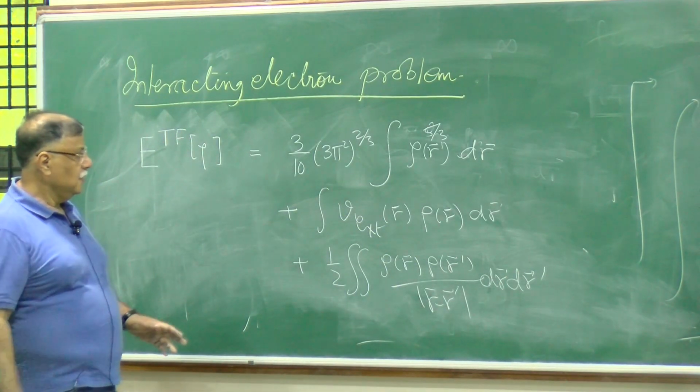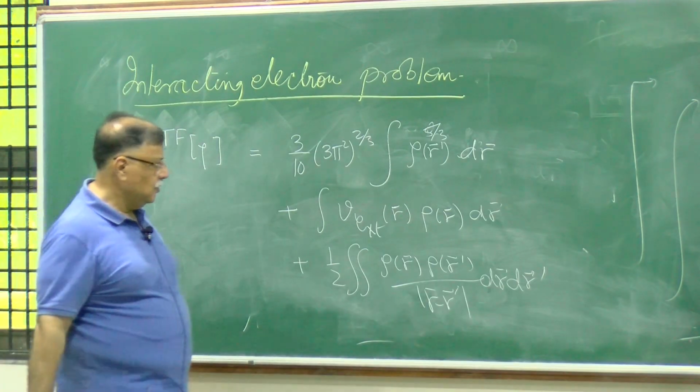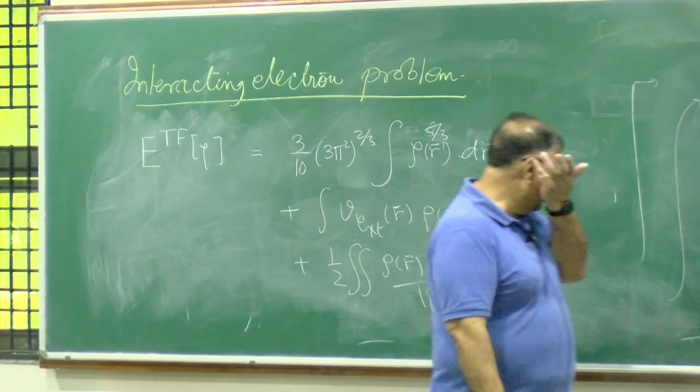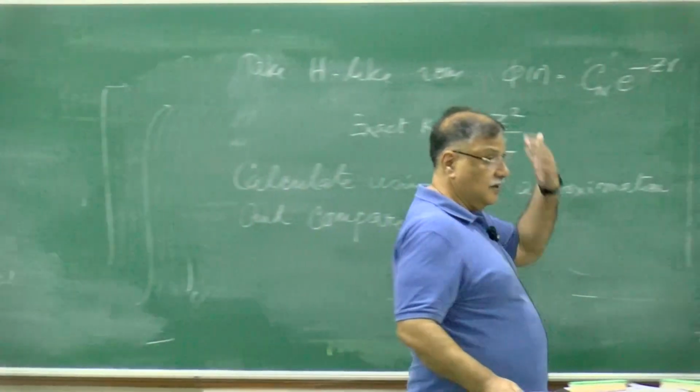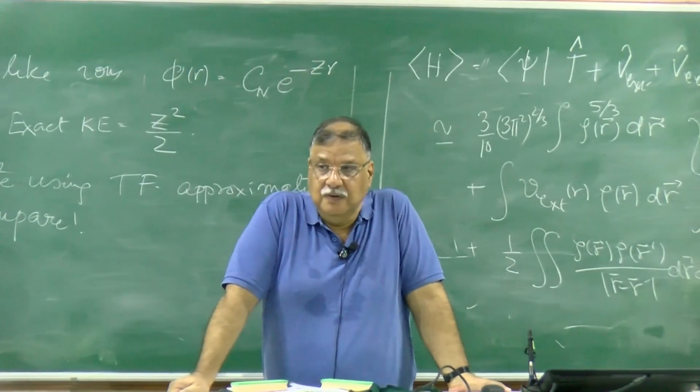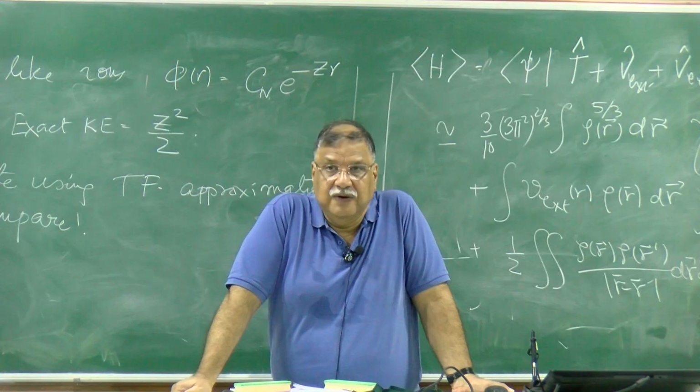You can check for, say, the helium atom how good this approximation is by taking that e raised to minus (z minus 5/16) r wave function.